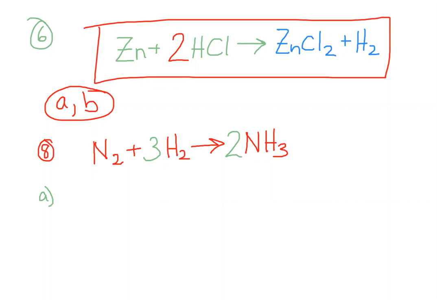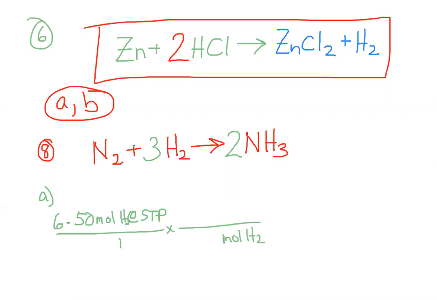Okay, let's write what you start with: 6.50 moles of H2 at STP. We already have it in moles, so we don't have to change it to moles. So we're just going to put moles on the bottom, and I'm not going to write the STP because I'm going to run out of space. And we're looking for moles of NH3.